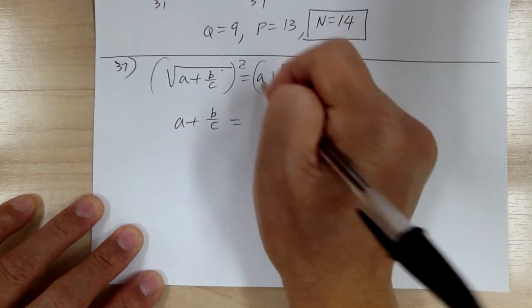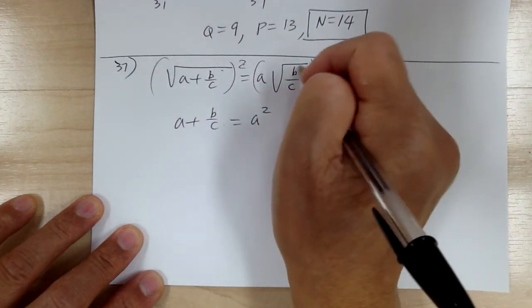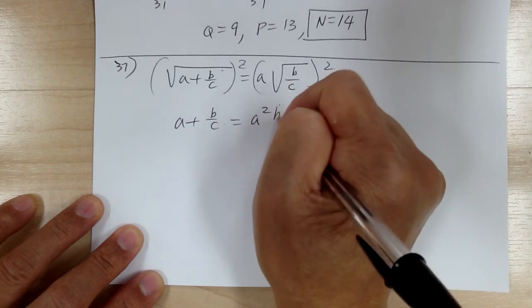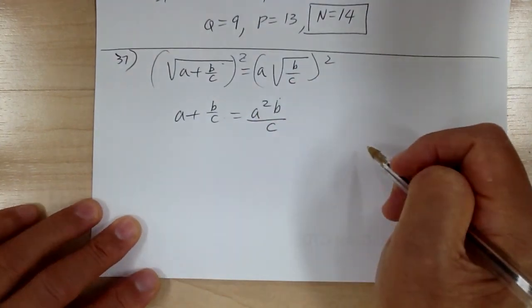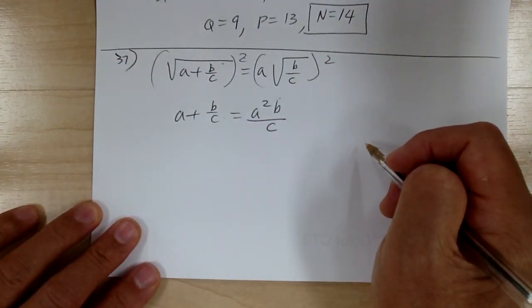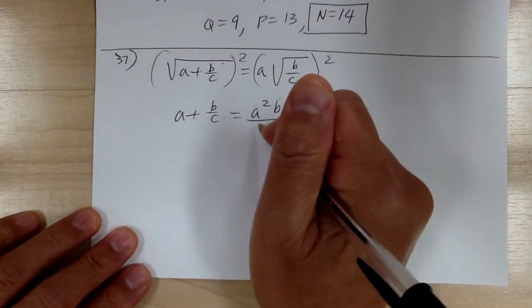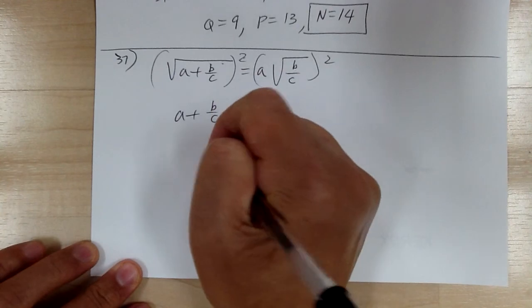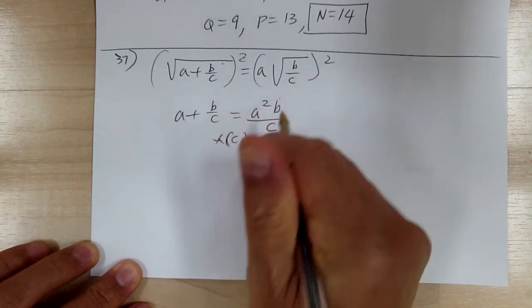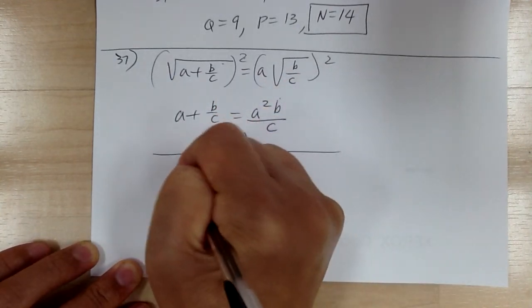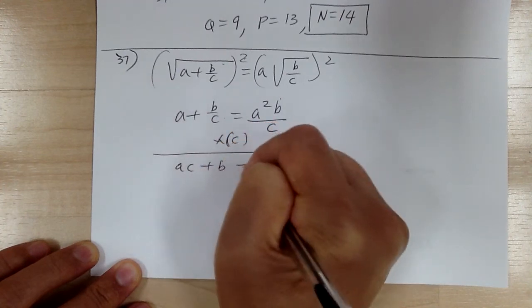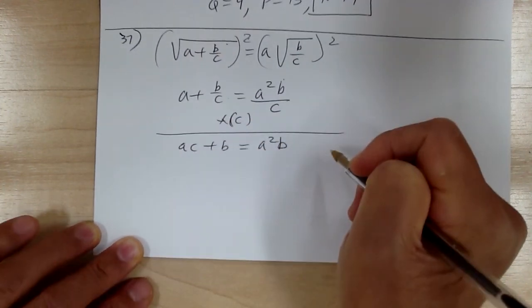Now when I square this side, I get a squared, and this one I get b over c. My next step is I'm going to multiply by the common denominator, multiply by c to get rid of the fraction. So I get ac plus b equal to a squared b.